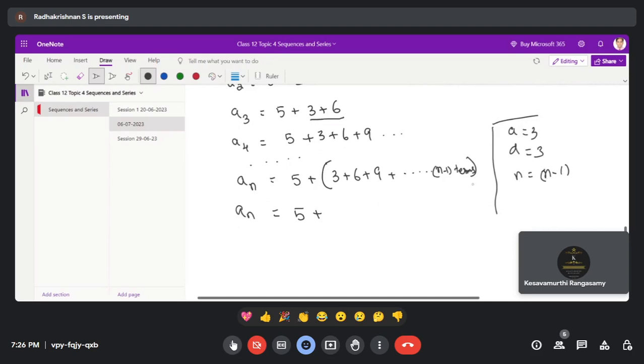Okay, so let's not confuse. It is not n equal to n minus 1. This is the number of terms equal to n minus 1. So how will you calculate the sum using these 3 parameters?